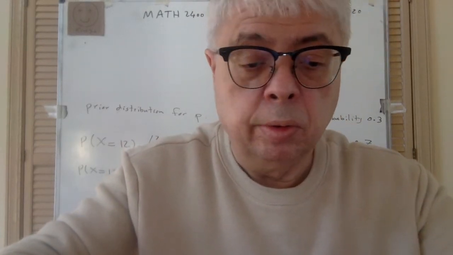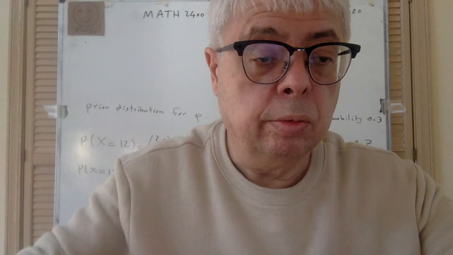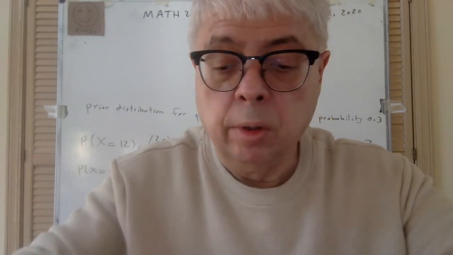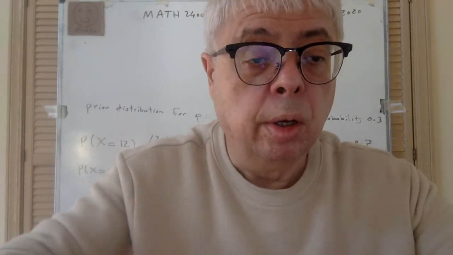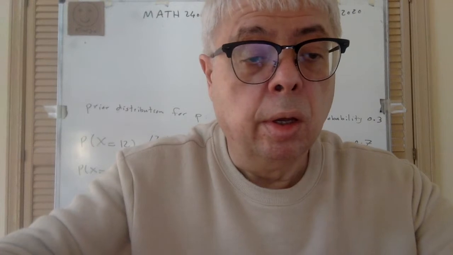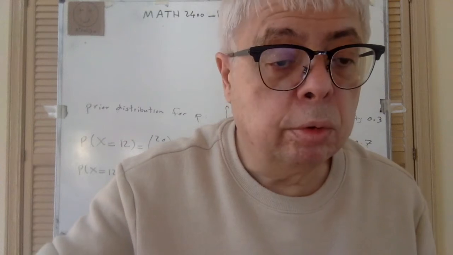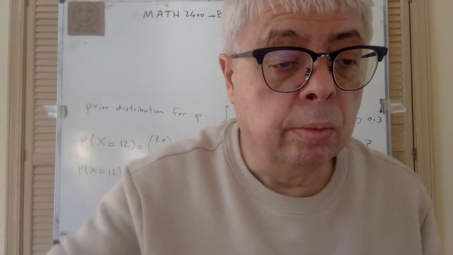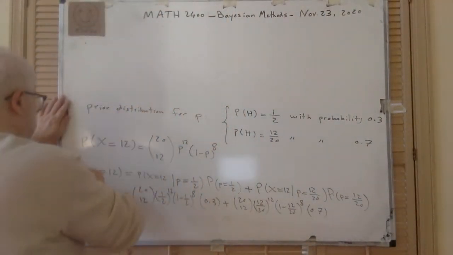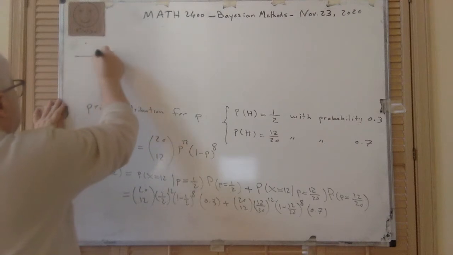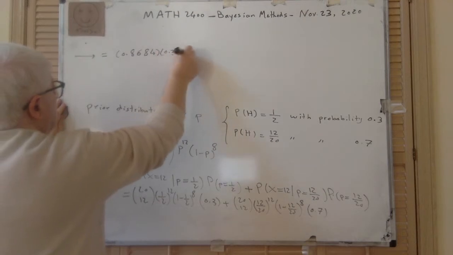Size is 20, and probability is 0.5, and we get 0.1201... so 0.8684 times 0.3 plus.